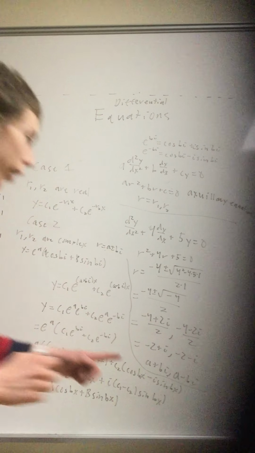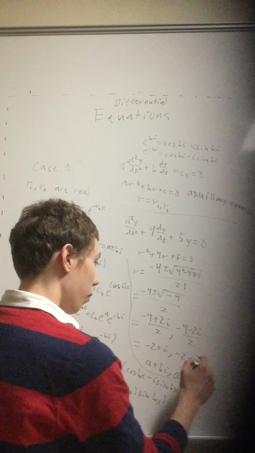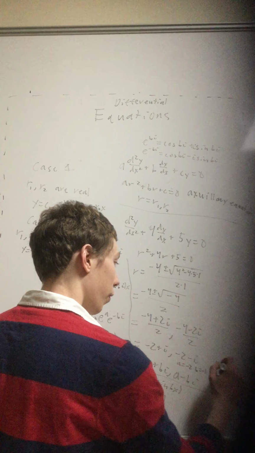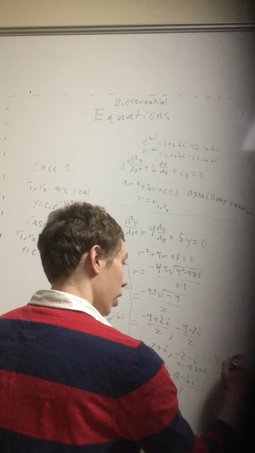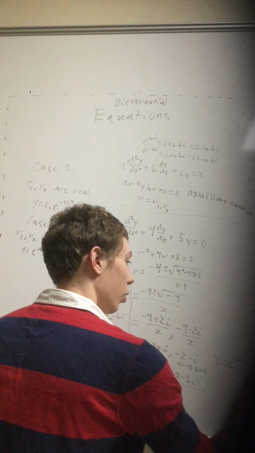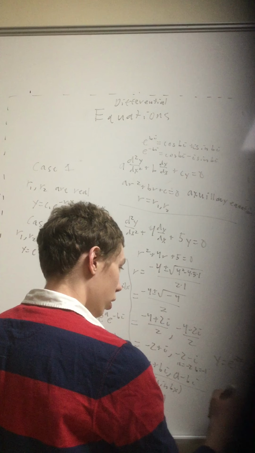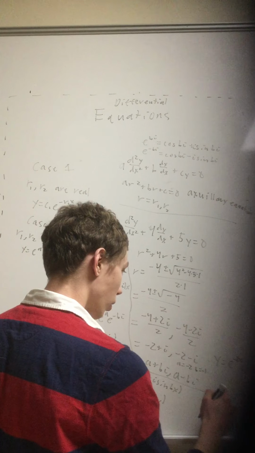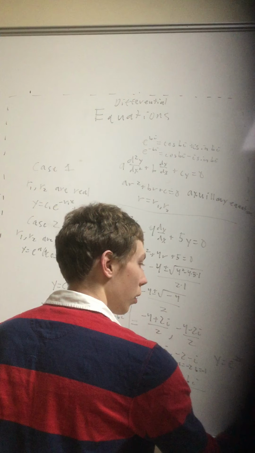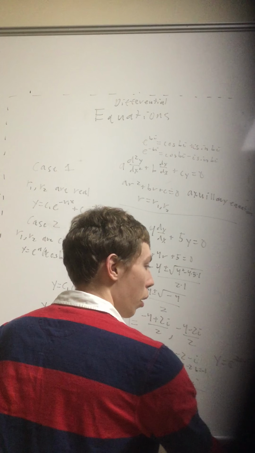So, in our case, we had a equal to -2 and b equal to -1. So the final solution would be y equals e to the -2x times A cosine of minus x plus B sine of minus x.